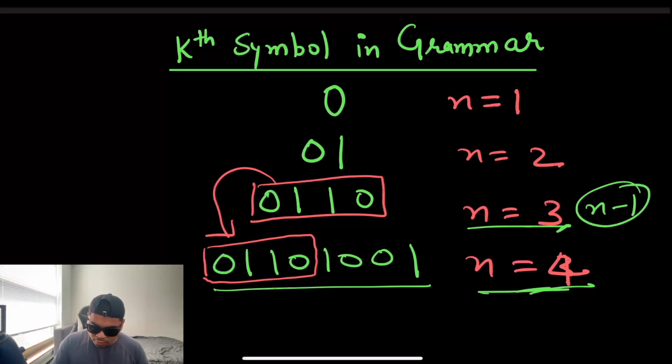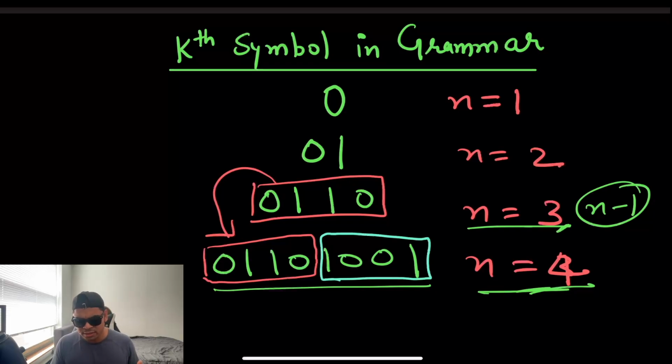And how about the next part? How about this one? Let's see how the number of binary digits is affected when n increases by 1. When n was 1, the number of digits was 1.